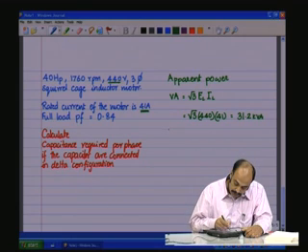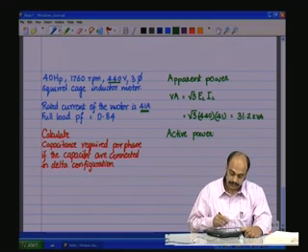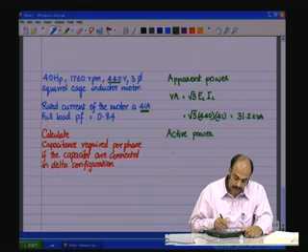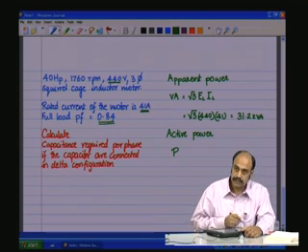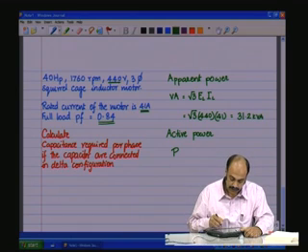And now the active power P. We have information here in the specification which says that the full load power factor is 0.84.